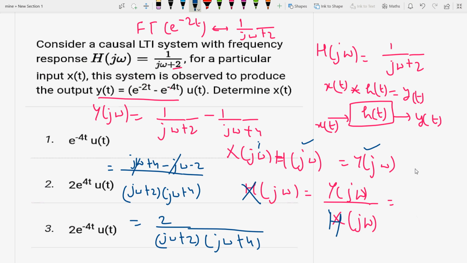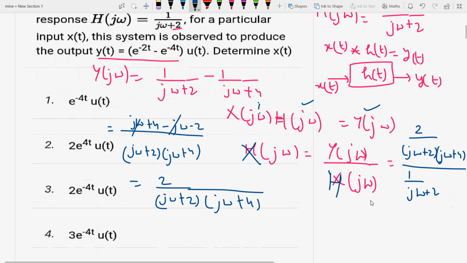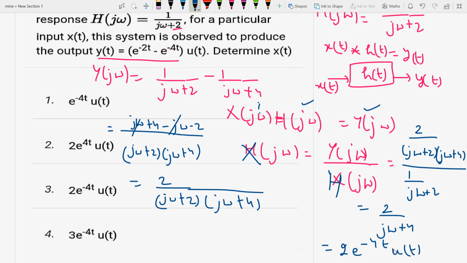You can write it as 2 by (jω+2)(jω+4), as you have calculated it already, and H(jω) is 1/(jω+2). Now what you will get here is 2/(jω+4). That means it will come out to be 2e^(-4t)u(t). So the answer will be third option. Okay, the answer will be third option.